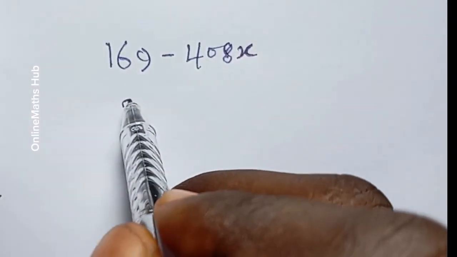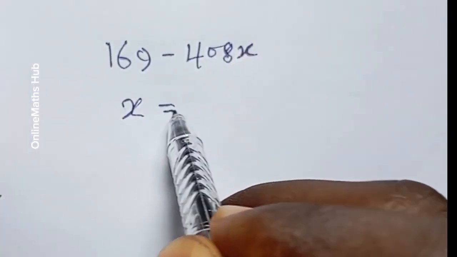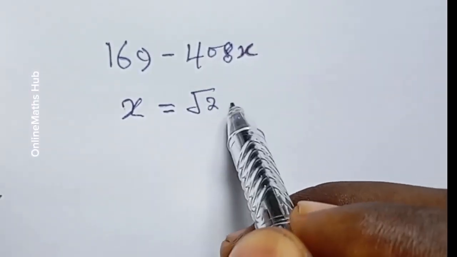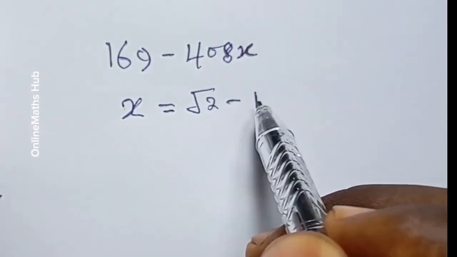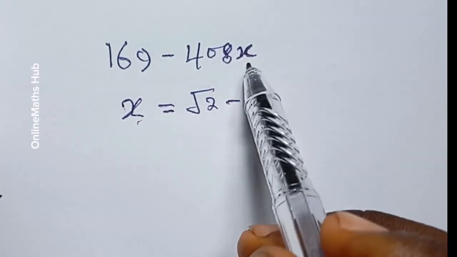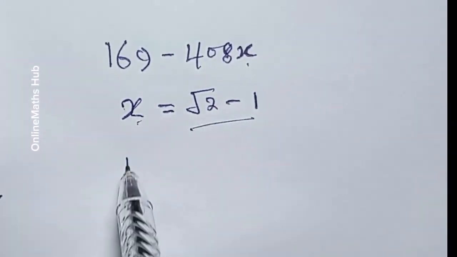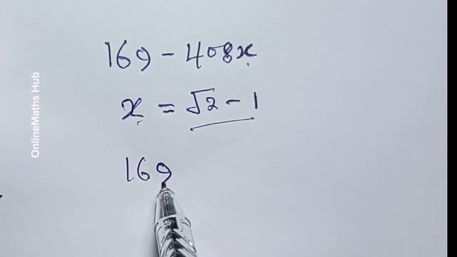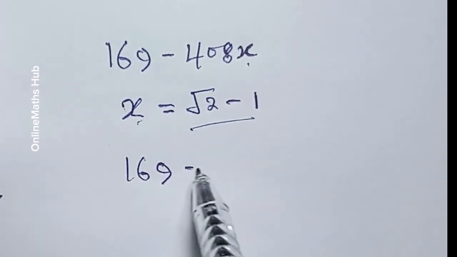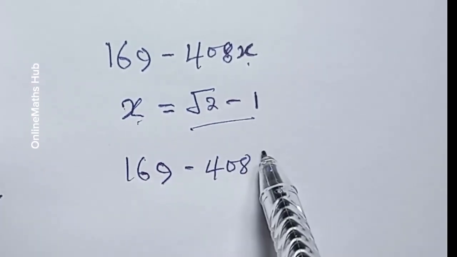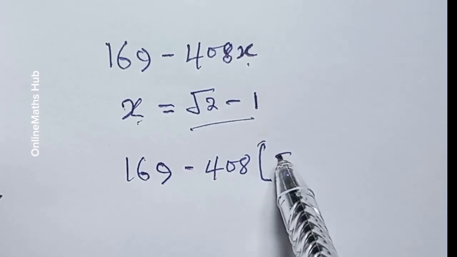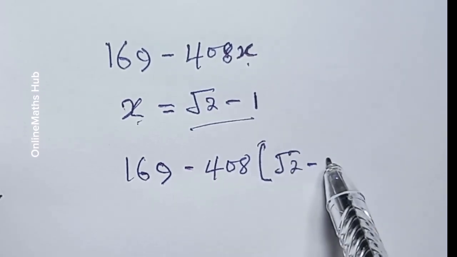And then you remember that we actually set our x to be equal to root 2 minus 1. So in place of this x right there, I'm going to be replacing this. If I do that, I'm now having 169 minus 408 multiplied by root 2 minus 1.